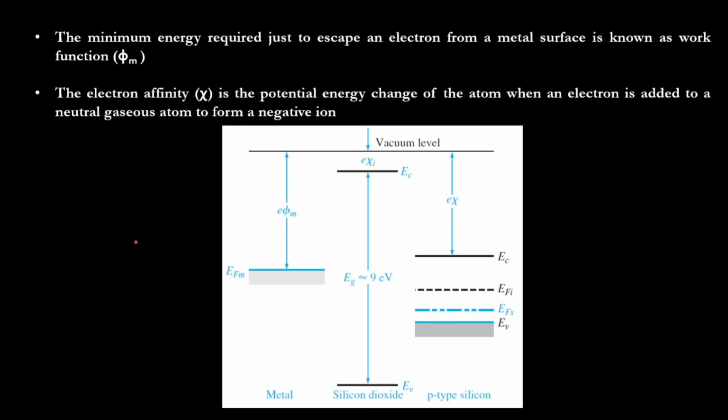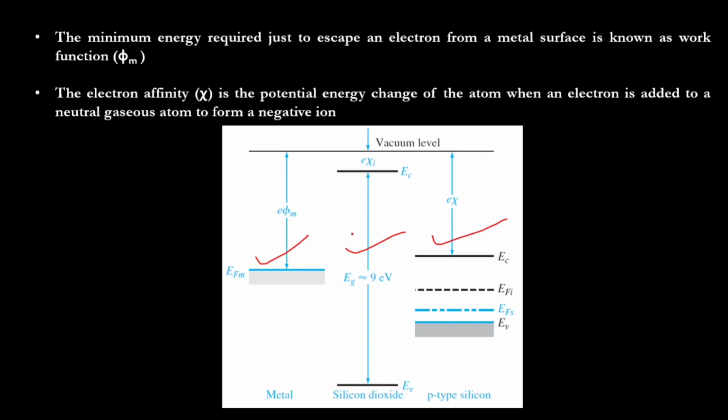Now we are going to discuss the energy band of the MOS capacitor, or two terminal MOS device. Before we explain the MOS capacitor, let's see the energy levels of metal, insulator and semiconductor. This is a diagram of the individual energy levels of metal, oxide and semiconductor.